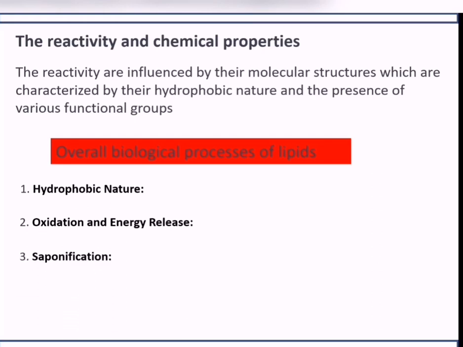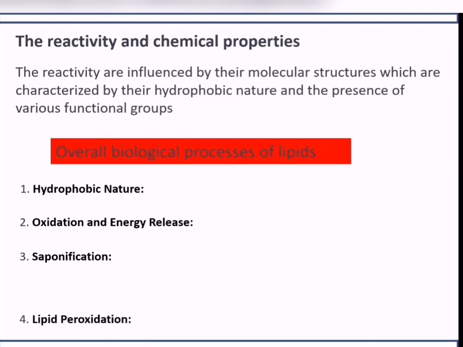The third one is saponification. Triglycerides can undergo hydrolysis in the presence of strong bases, such as sodium hydroxide, to produce glycerol and fatty acid salts. This reaction is known as saponification and is used in the production of soaps and detergents.